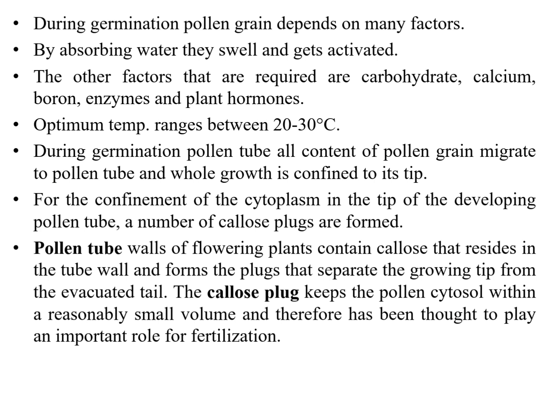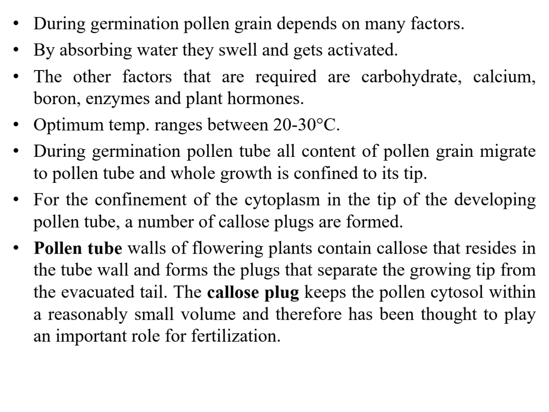During germination of the pollen tube, all the content of the pollen grain migrates to the pollen tube, and the whole growth is confined to its tip. That means the growth of the pollen tube occurs from its tip. For the confinement of the cytoplasm in the tip of the developing pollen tube, a number of callose plugs are formed.